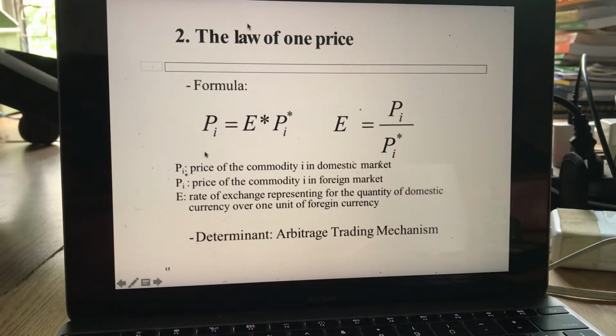So the idea here: you pick the information about the price of commodity i in the domestic country, and you also pick the information on the same commodity in the foreign country, and you have the information about the exchange rate between this pair of currencies, and then we compute.